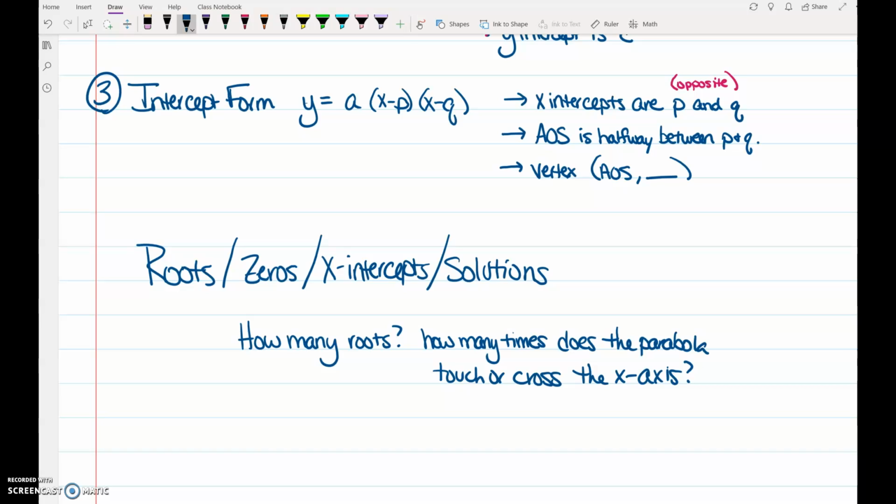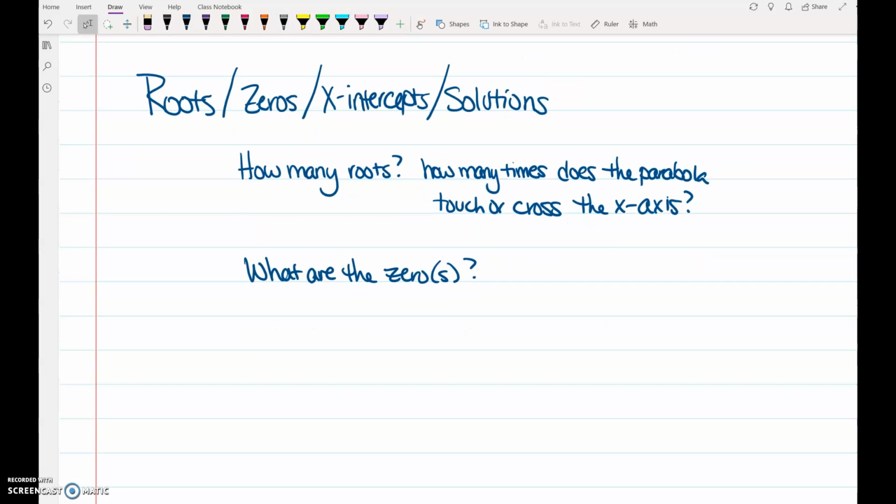Then it will ask you, what are the zeros? Zeros, roots, x-intercepts, those all mean the same thing. So first it's saying, how many times does this parabola touch or cross the x-axis? Then it's asking, okay, where does it cross the x-axis?